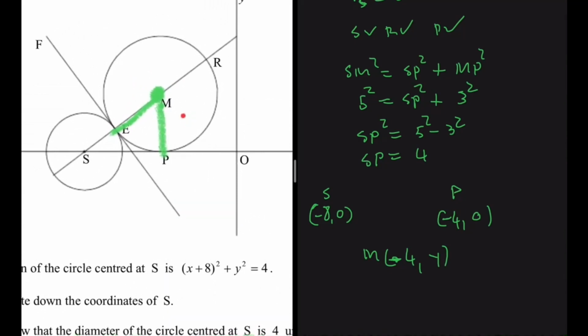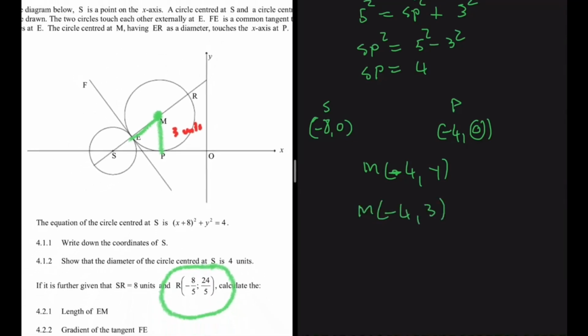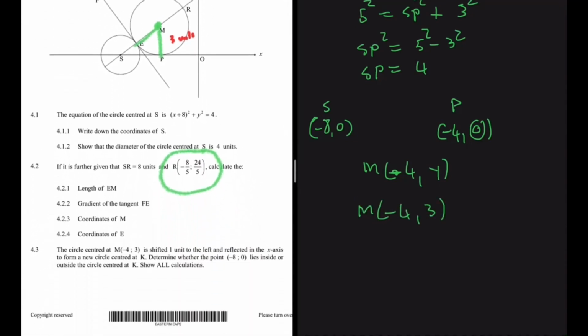Because that is the radius, 3 units. We already know fully well that the y value of P is 0, right? So if from P to M is 3 units, then the y coordinate of M should be 3. So the coordinates of M will be minus 4 and 3. Right? And now we can move to 4.3.4.